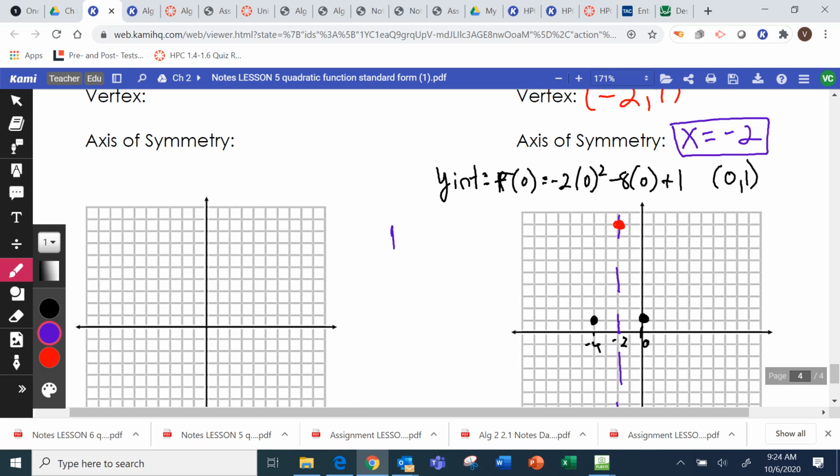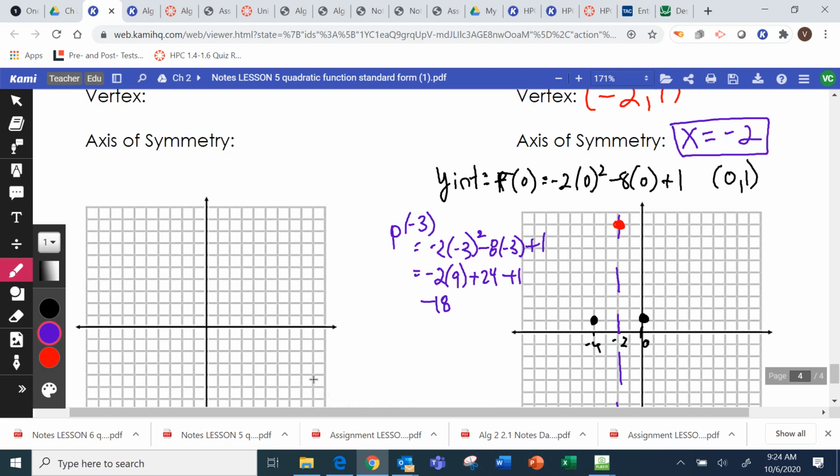So I'm going to do p of negative 3. That's going to give me negative 2 times negative 3 squared minus 8 times negative 3 plus 1. So negative 2 times 9 plus 24 plus 1.